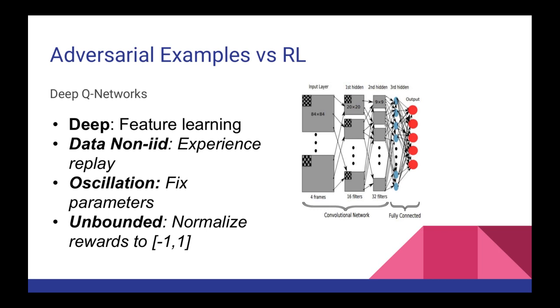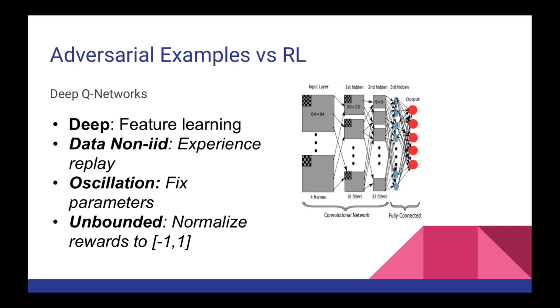So deep Q networks are one of the very first proposals in the hot field of deep reinforcement learning. They're deep, which means that they utilize the feature learning characteristic or advantages of deep learning. And they also solve a few other problems that previous neural network approaches to RL failed to capture.